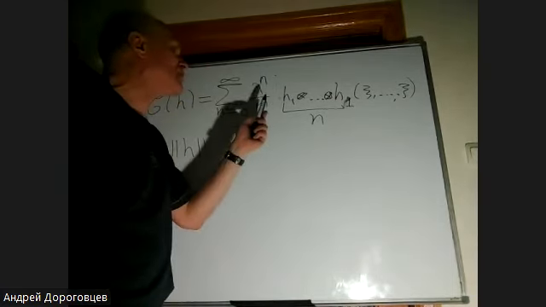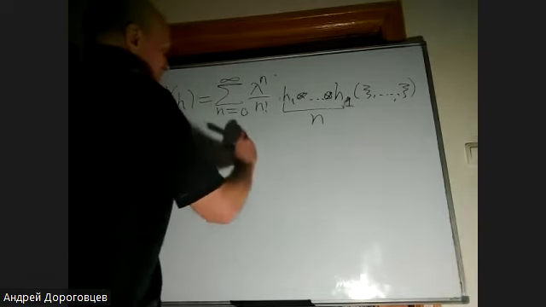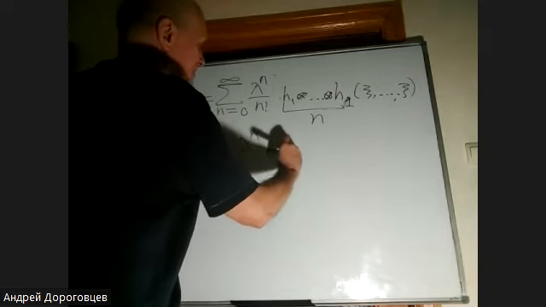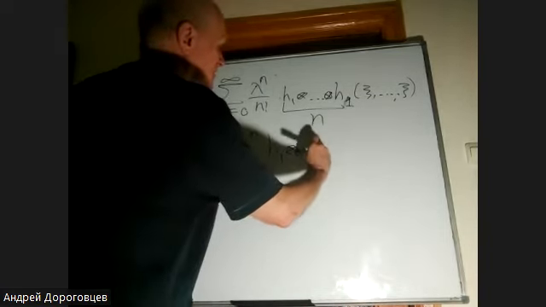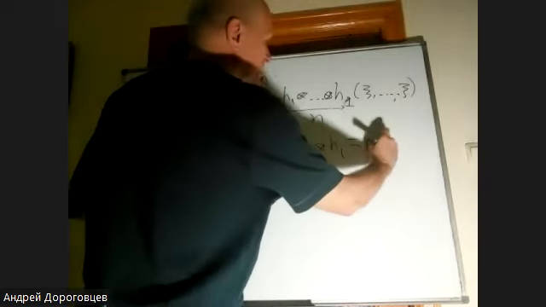We get exactly lambda to the power n multiplied by h1 tensor n, which is exactly h tensor n.